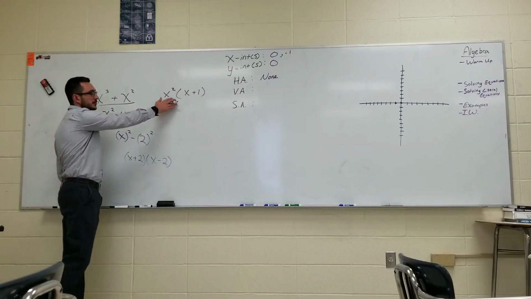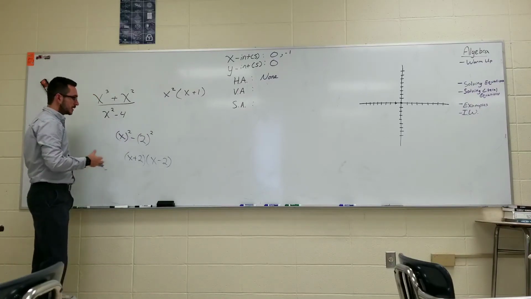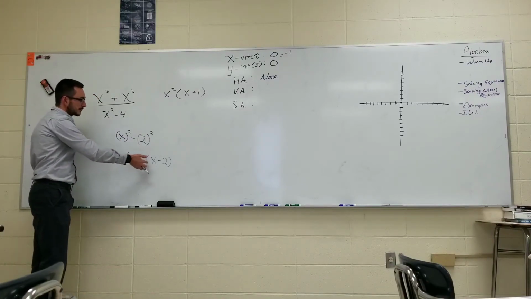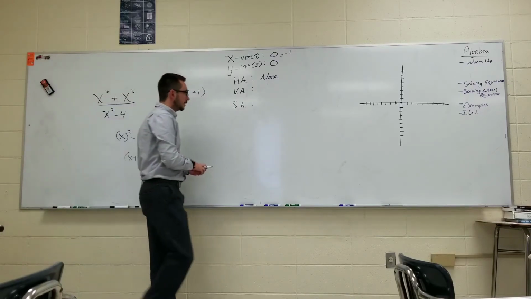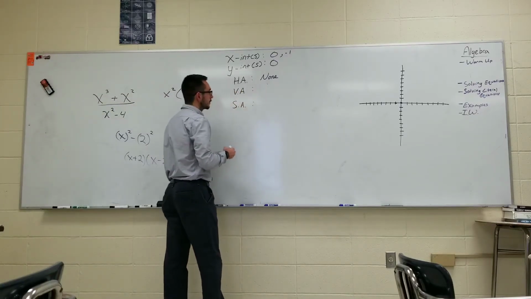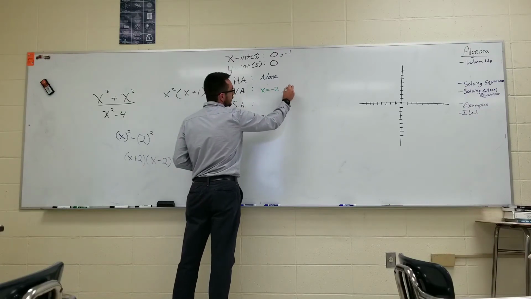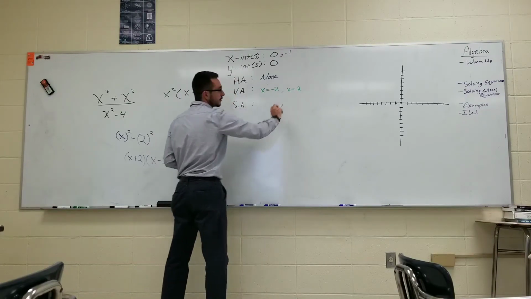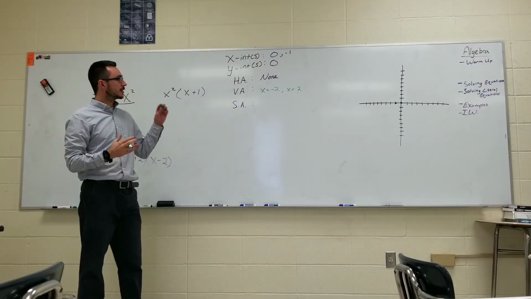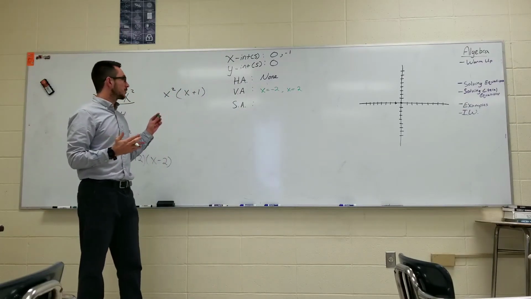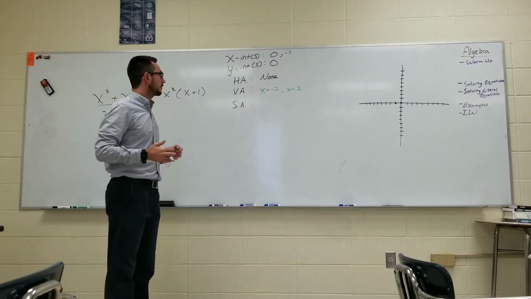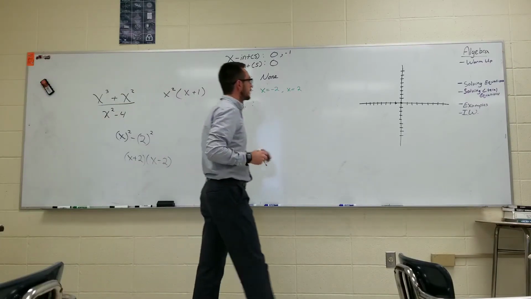Just like what we asked ourselves up here, it's what values make each of these 0, so it's going to be negative 2 and positive 2. Let's go with green for those. So we're going to have x equals negative 2, x equals positive 2, and rarely do we see this, but we actually have 2 vertical asymptotes here.